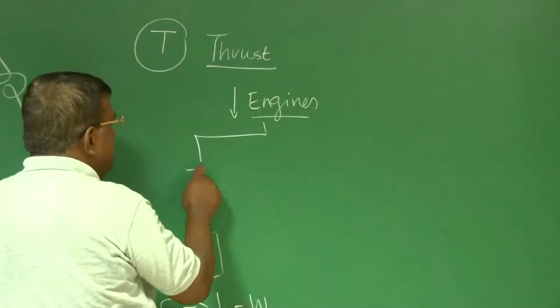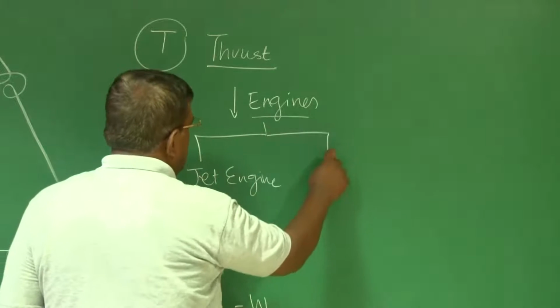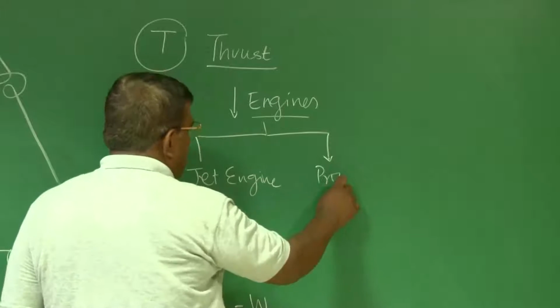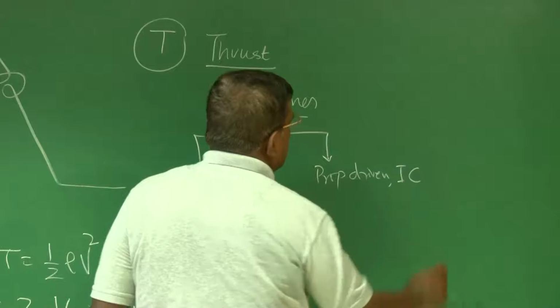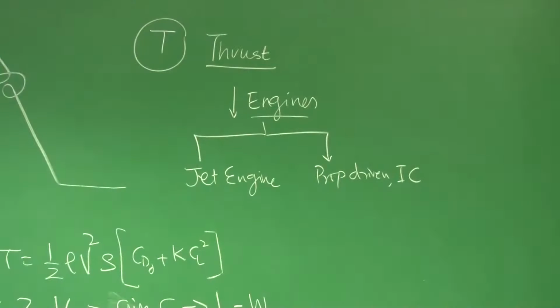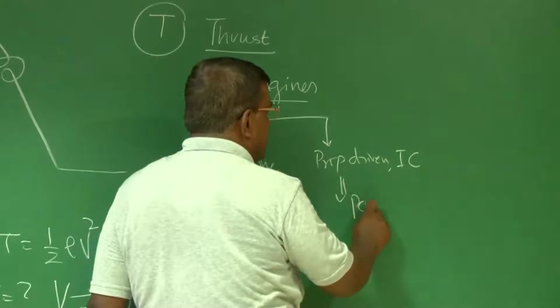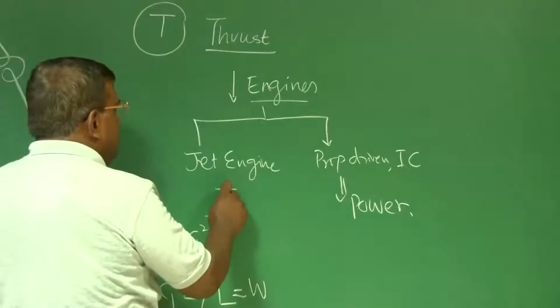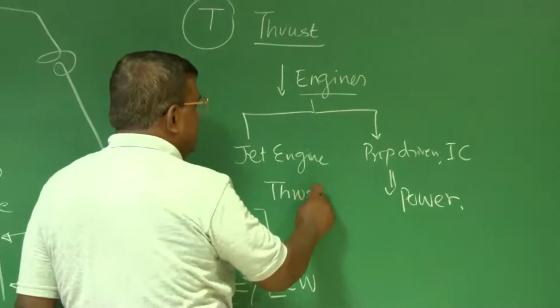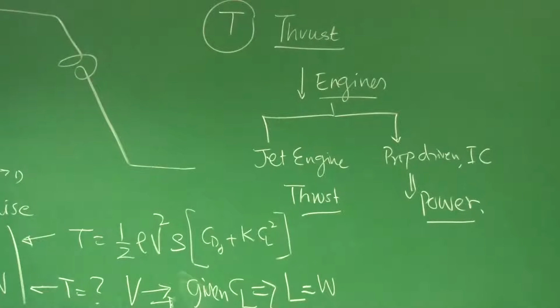One is jet engine, another is propeller driven IC engine. So whenever you are talking about propeller driven engine, we try to rate the engine in terms of power. And jet engines, we try to rate them in terms of thrust. So this distinction should be in our mind. Okay?